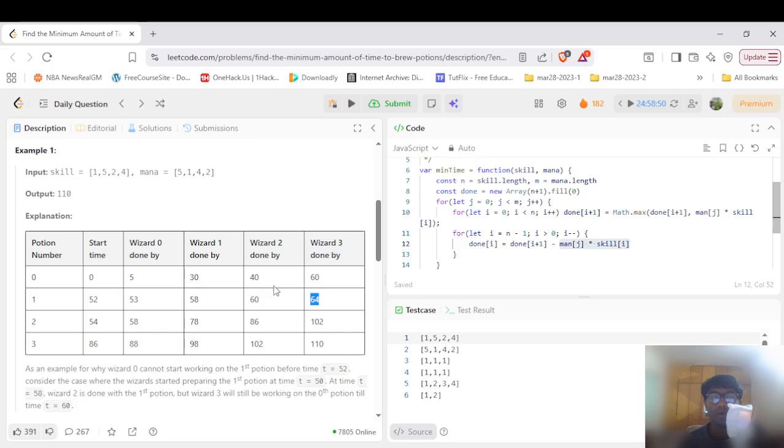So 1 into 2. Okay, so we are calculating the last value, saying a specific value at i plus 1.